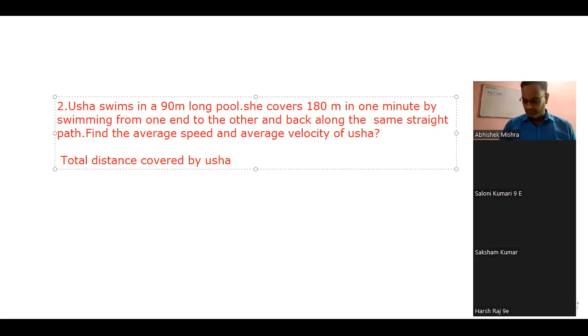The total distance covered by Usha in 1 minute is 180 meter. I hope you all will agree with this. That is the total distance covered by Usha in 1 minute, swimming from one end to another and back, which is 180 meter.